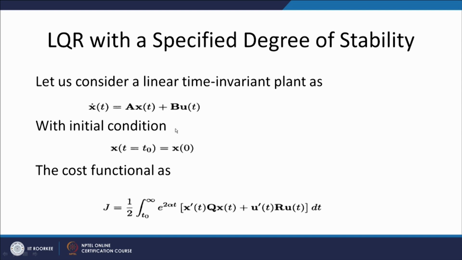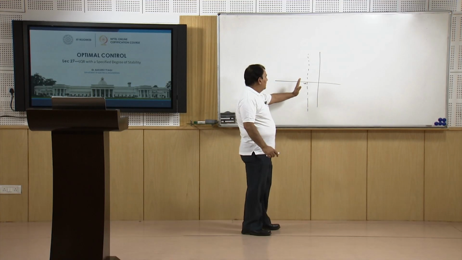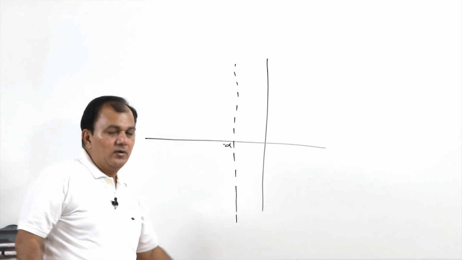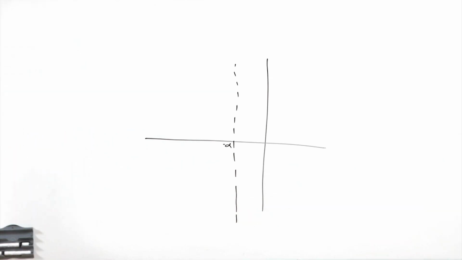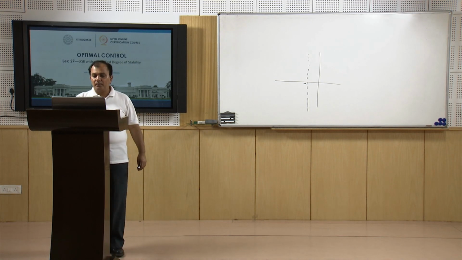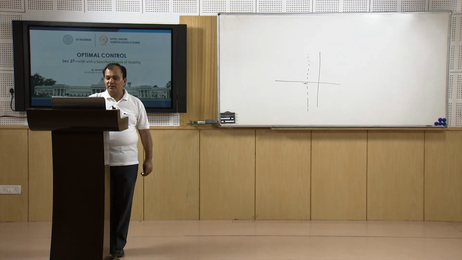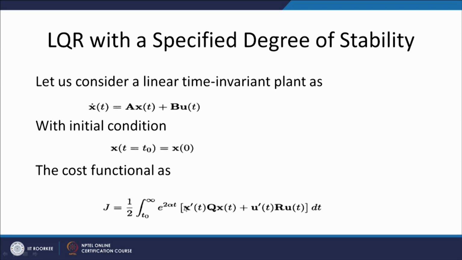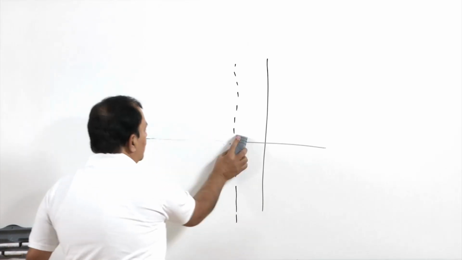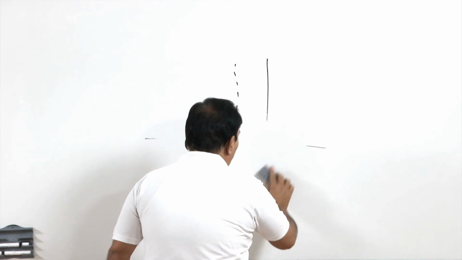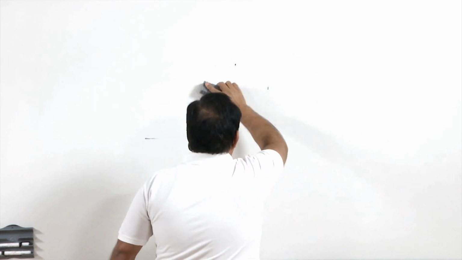To ensure that the poles lie to the left of the line minus alpha, we modify our performance index by multiplying the x prime Qx and u prime Ru terms with e to the power 2 alpha t. We will see how with this modified performance index we can ensure the placement of the poles to the left of the line minus alpha.